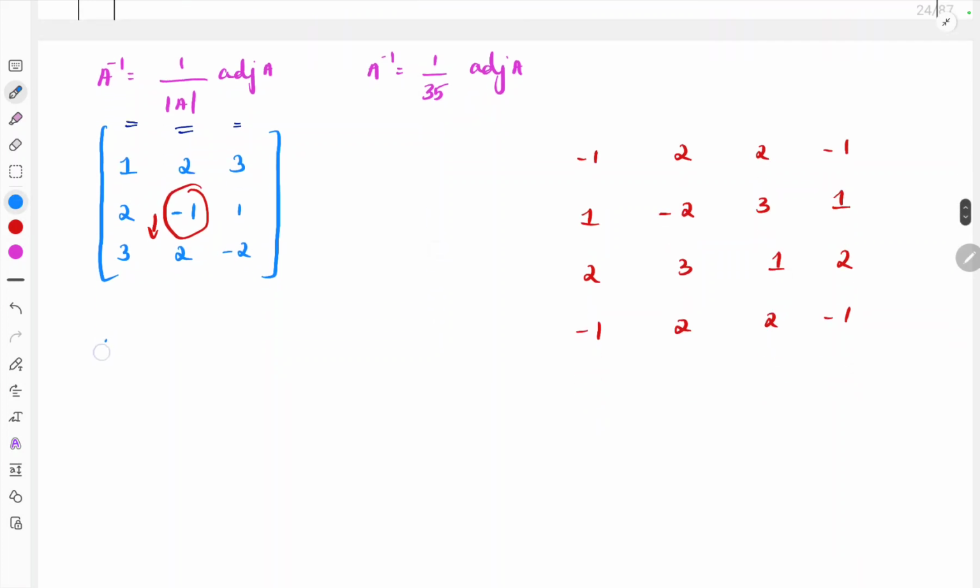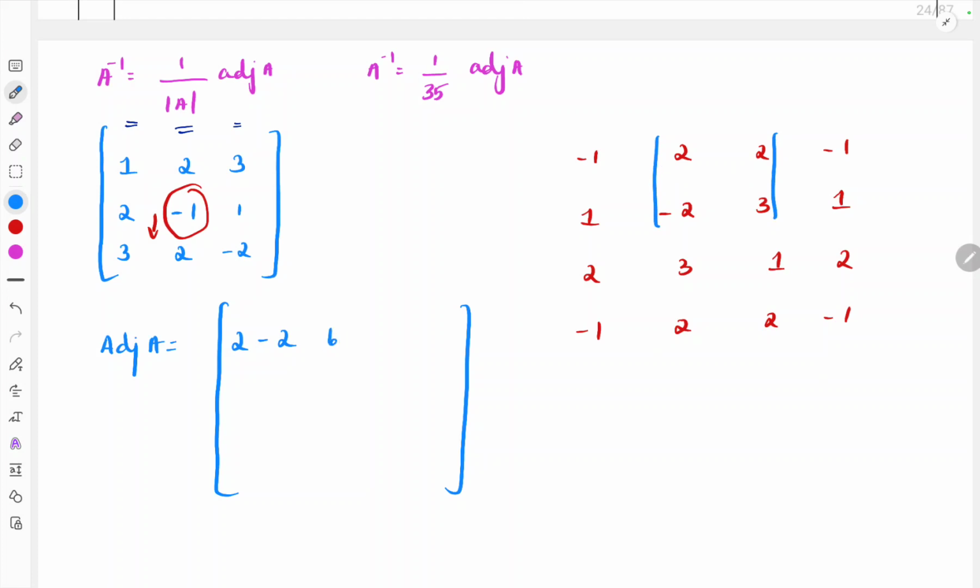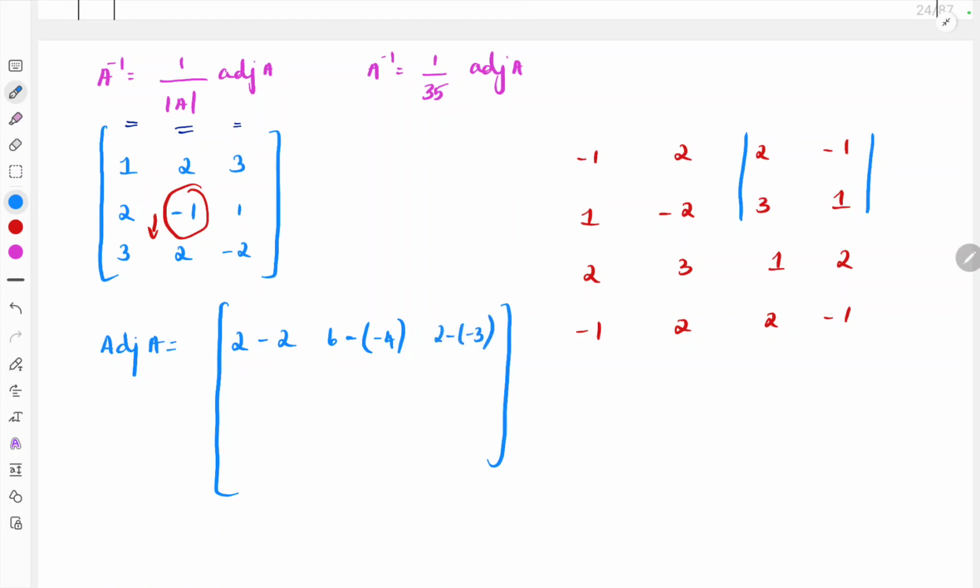Now adjoint of A is nothing but the determinants we have to find. So the determinant of this: minus 1 into minus 2 is 2, minus 1 into 2, which is 2. After this, the determinant of this one: 2 threes are 6, 6 minus of minus 4. Next, the determinant of this: 2 minus of minus 3.